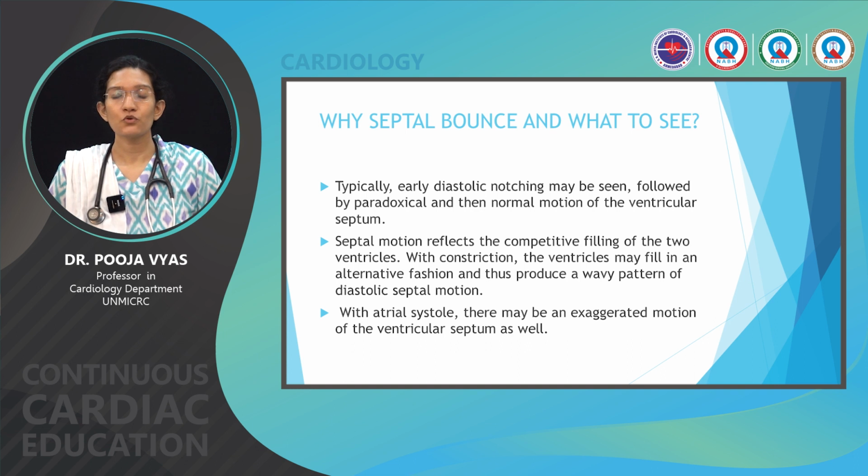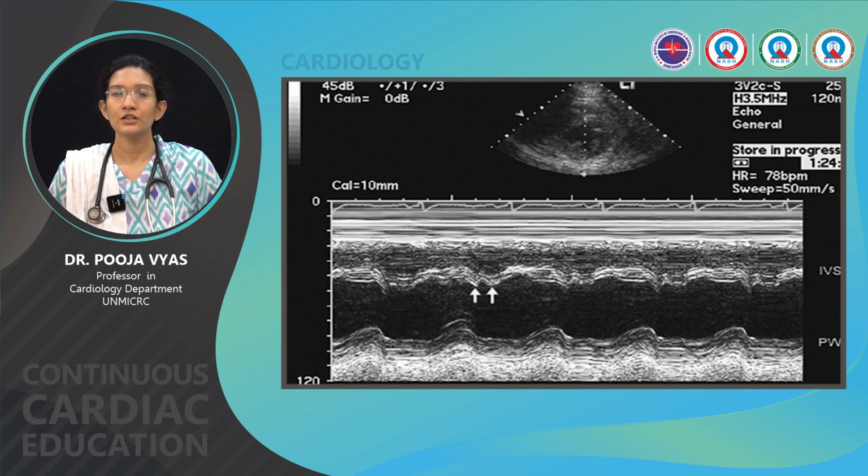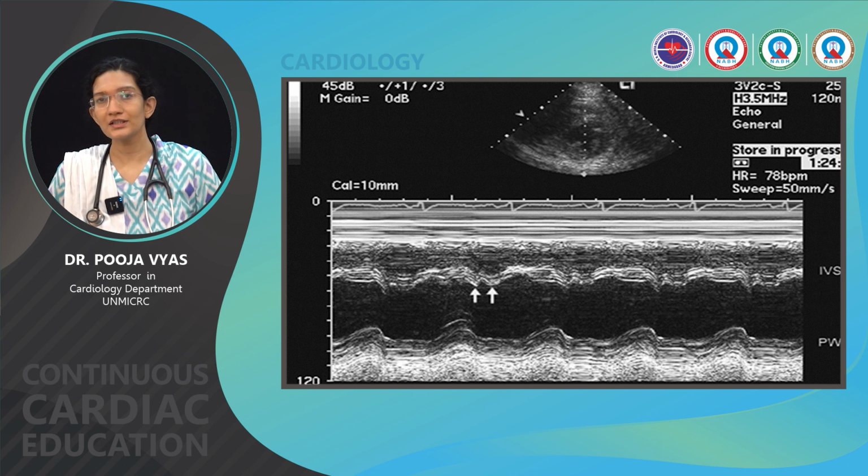This septal motion reflects the competitive filling and suggests ventricular interdependence, and even within atrial systole there may be exaggerated motion of the ventricular septum as well. So in this image we can see a diastolic notching of the ventricular septum, followed by paradoxical septal motion, and then normal septal motion.